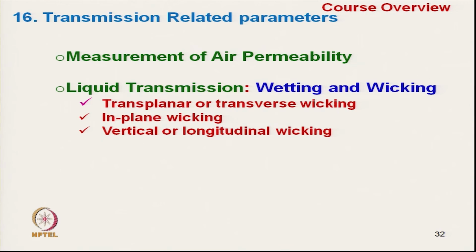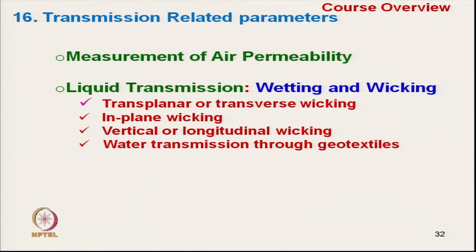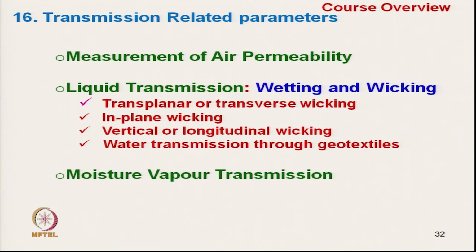Then vertical or longitudinal wicking characteristics, then water transmission through geotextile, that is the transmission characteristics of water through geotextile. There are methods of measurement we will discuss here. Then moisture vapor transmission through material. So, there are various methods of measurement of moisture vapor, I am not going into detail.